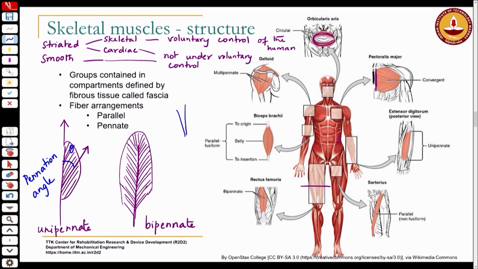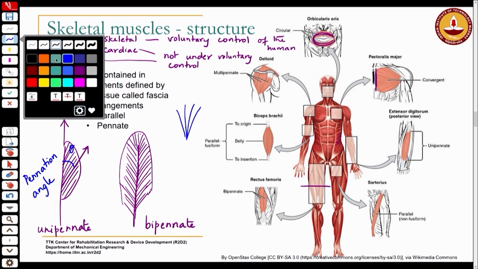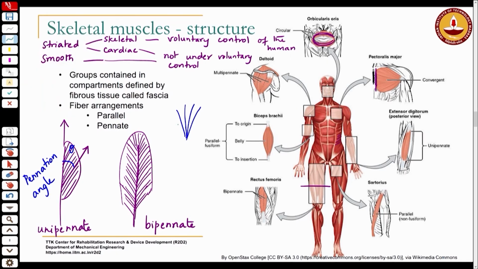You have tendons that go like that over that, and then you have the fibers that are like this.